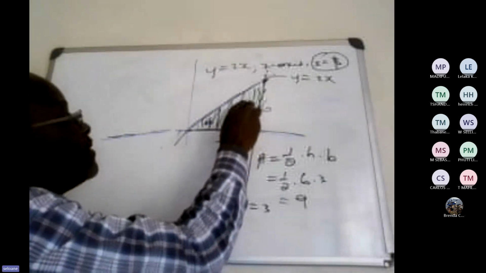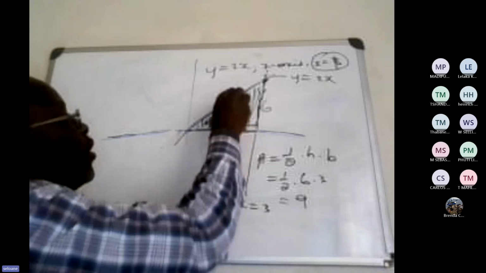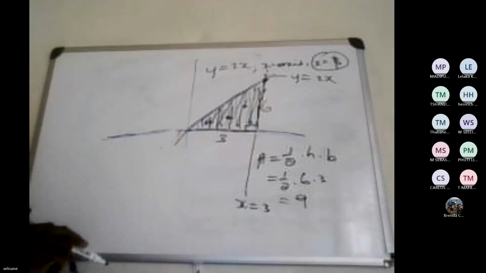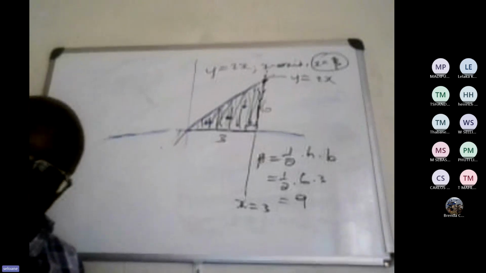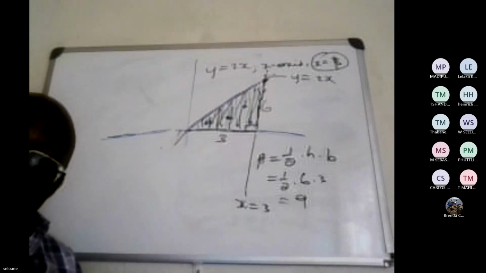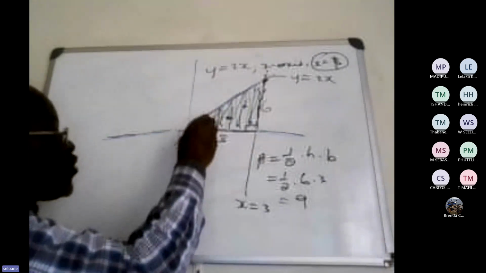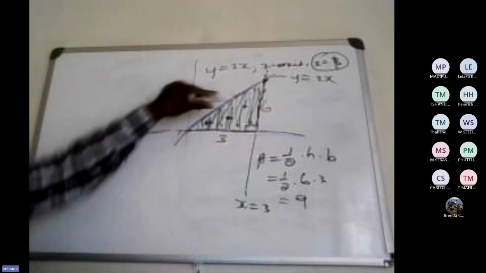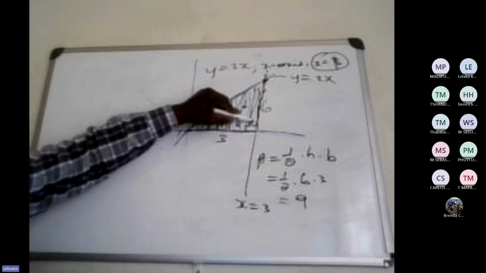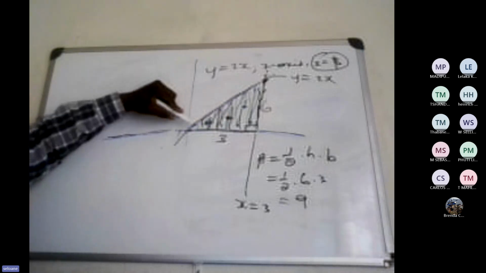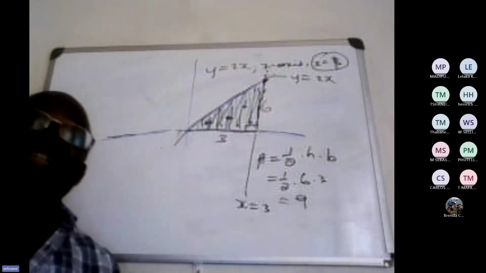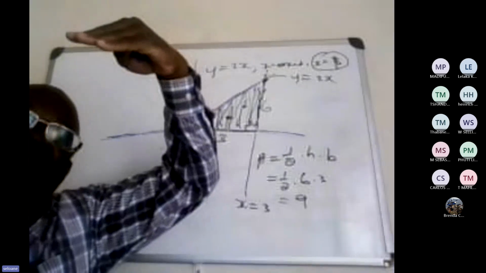What about the bottom? If you are here, at the bottom, you're stopped by this. Here, bottom, stopped by this. Therefore, this is enclosed at the top by a single graph.